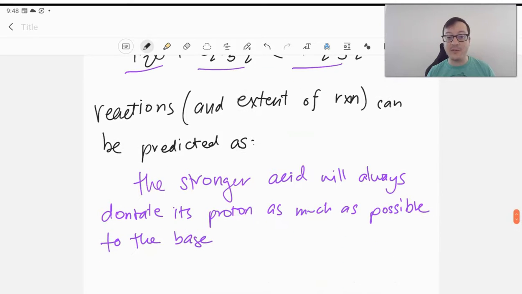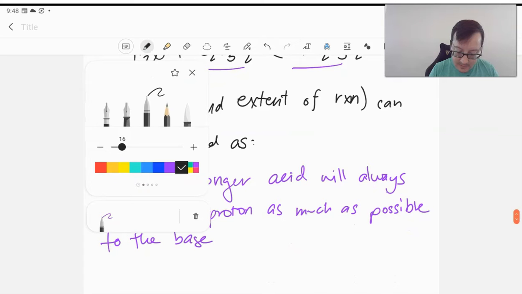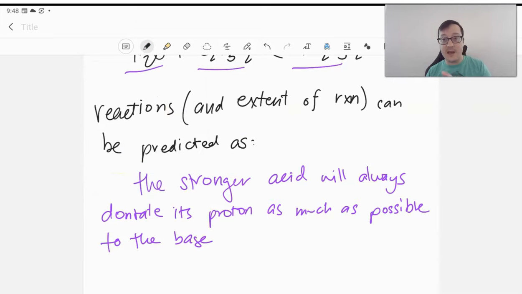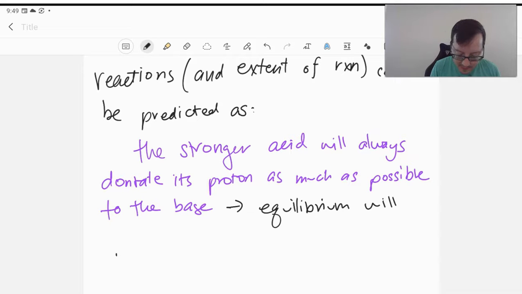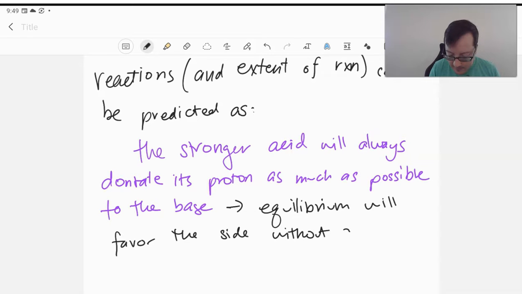The equilibrium will favor the other side, meaning that wherever your acid happens to be, the equilibrium will be on the opposite side. So equilibrium will favor the side without the stronger acid.